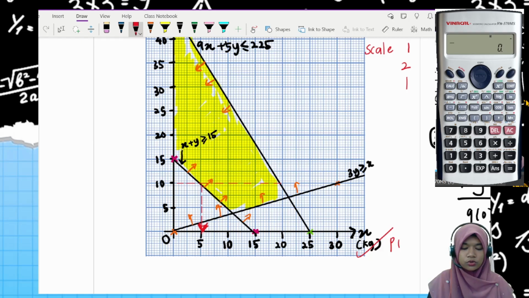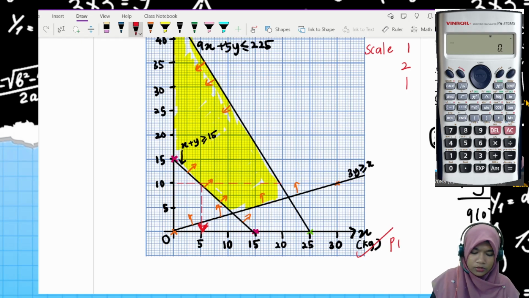Why take the value x equals 5? Because for the money he wants to keep, we take the maximum value. If you take the second value here that satisfies the graph, it means that he spends more. You should take the value where he spent less.